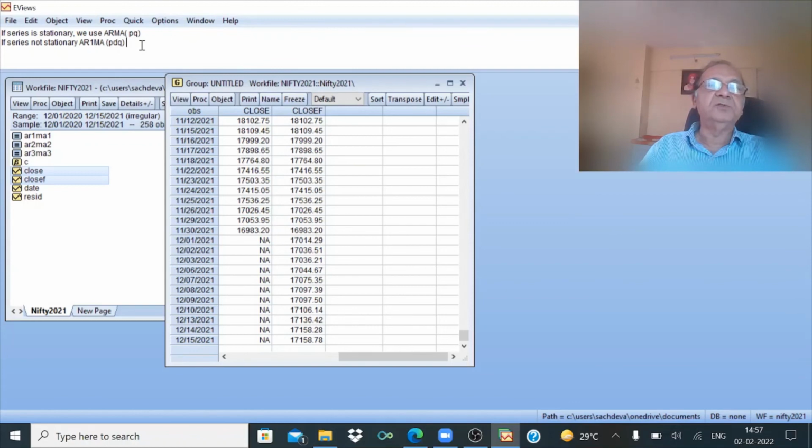ARIMA 212 means autoregression 2, differencing 1, and moving average 2. So this is what we have done.